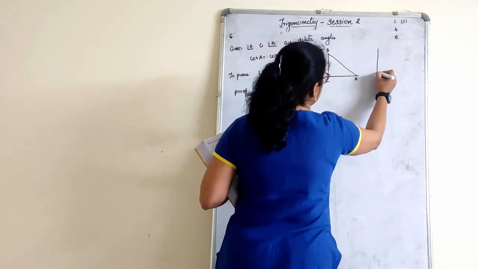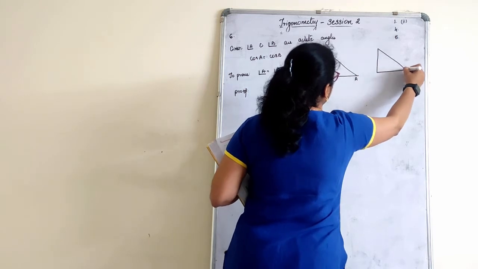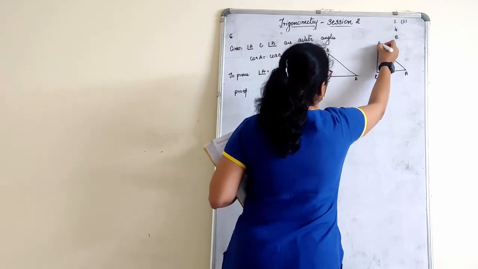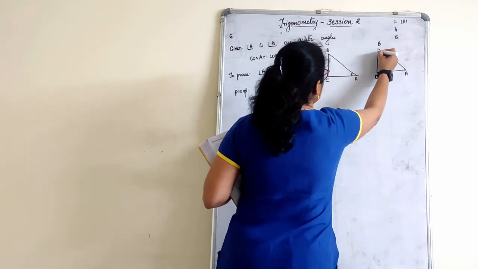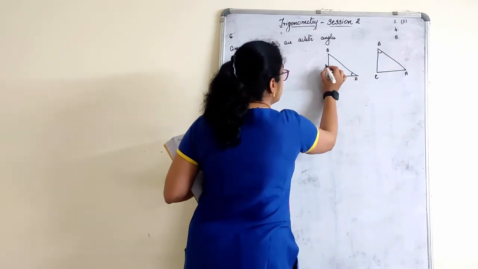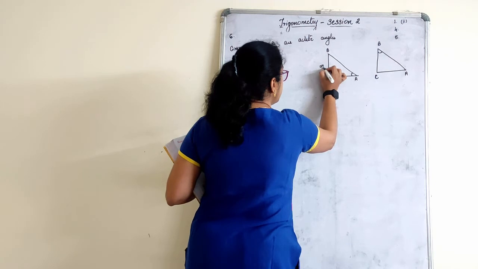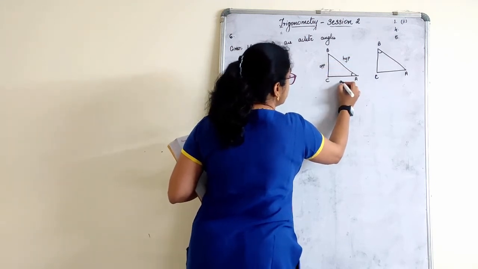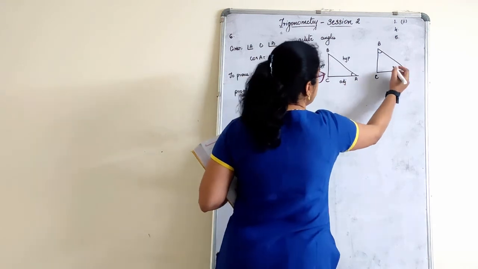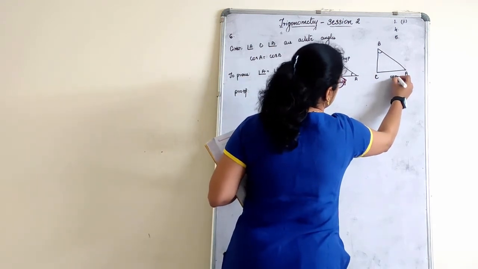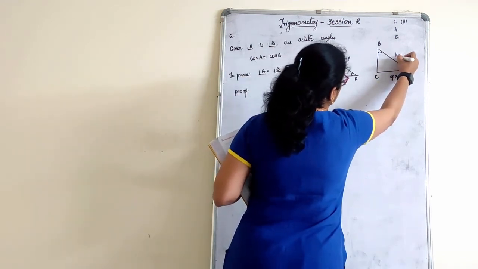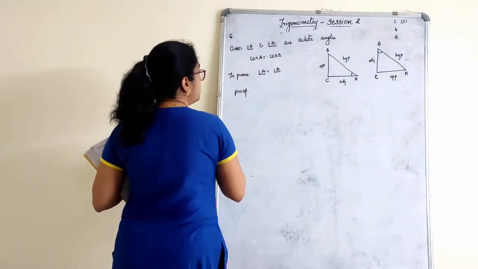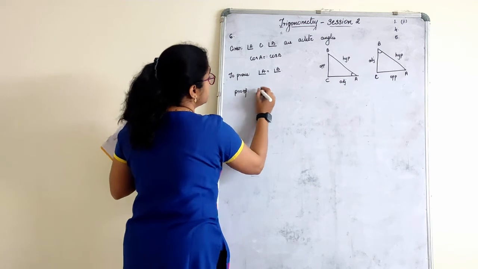We'll have two figures here because we have cos A and cos B. So this is angle A and this is angle B. With respect to that, please write opposite, hypotenuse, adjacent, opposite, hypotenuse and adjacent.